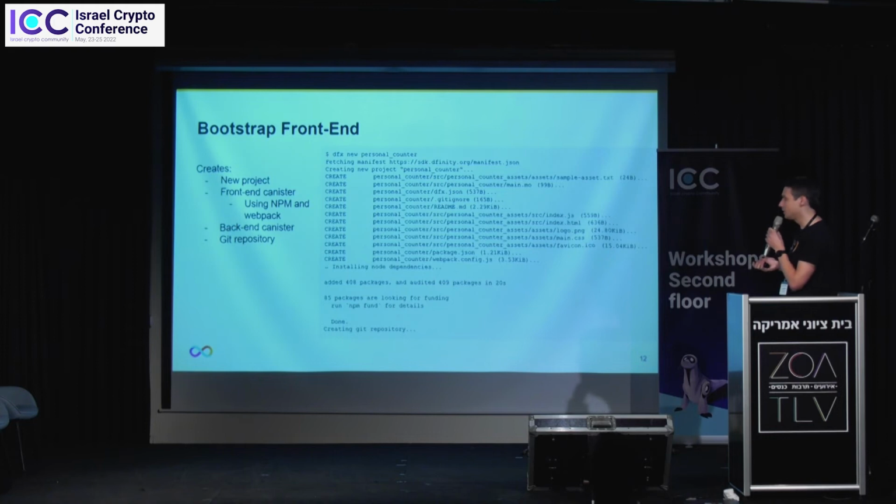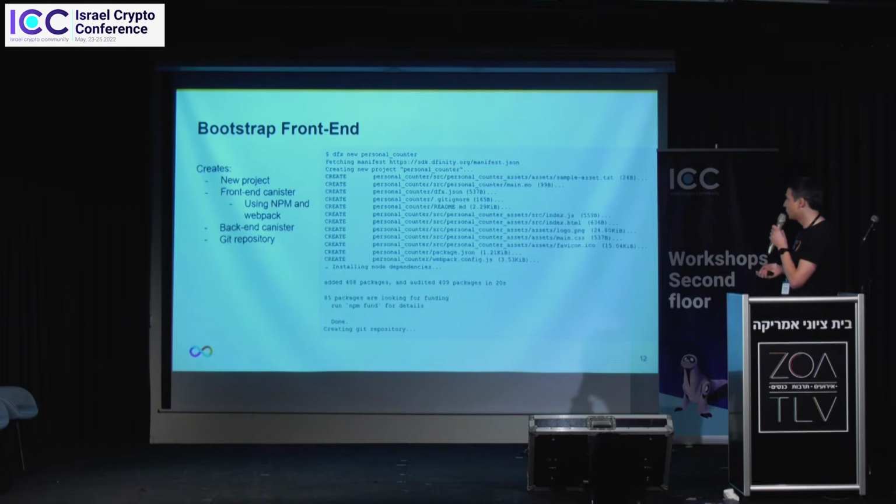Then we have a .gitignore, because this folder will be already initialized as a Git repository. Then we have a README with additional resources and instructions on how to run the whole thing and what to do with it. And then we have the package.json and the webpack config, which are there to bundle up and build the front end.